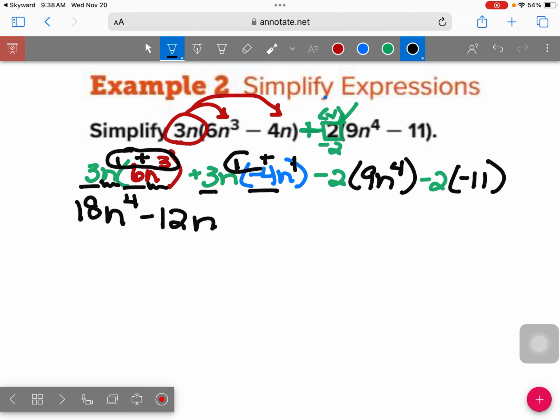Add those exponents. Then I have -2 times 9. That is -18n to the fourth. And -2 times -11 is +22.